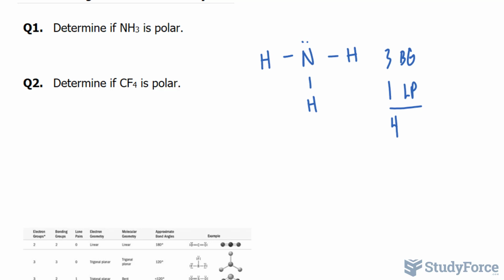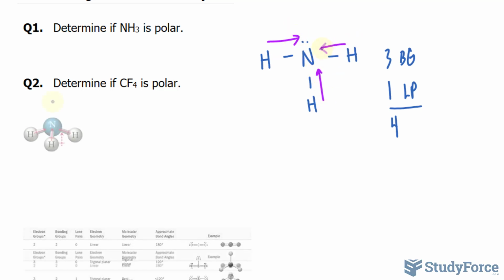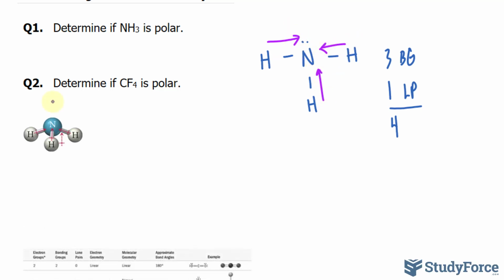Next, we have to analyze the electronegativities. Nitrogen is a lot more electronegative than hydrogen. In fact, nitrogen has an electronegativity of 3, whereas hydrogen has 2. So we know that the electrons will be pulled towards the nitrogen. Now, since this molecule is 3D based on the shape that we found, as shown on your screen here, if we draw vectors showing the tendency of electrons towards the more electronegative one, we'll have vectors that are going in this direction, and this direction.